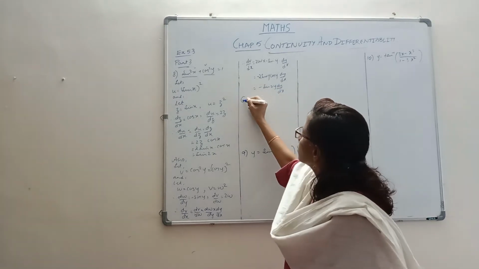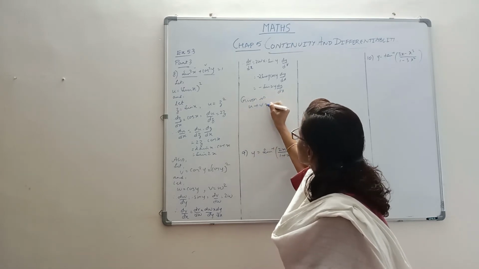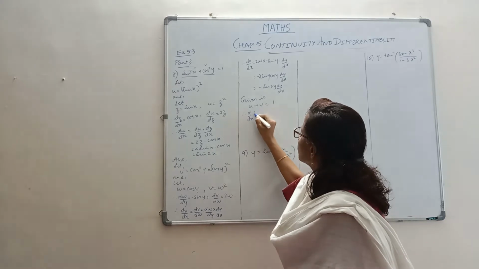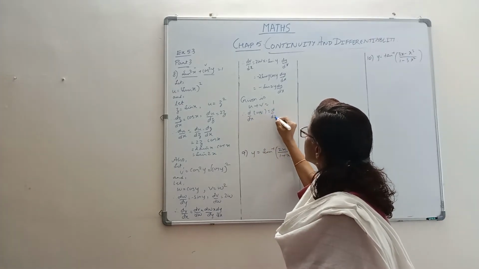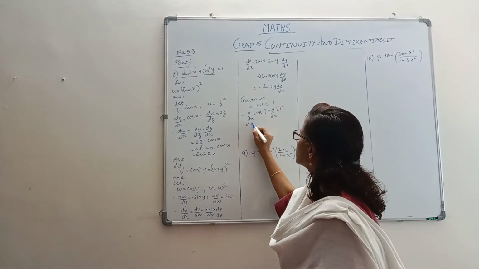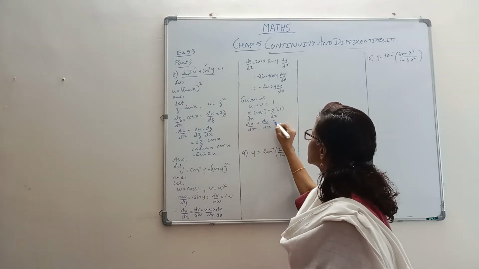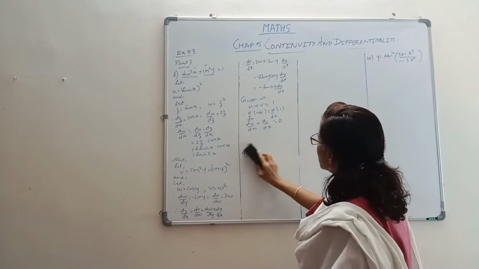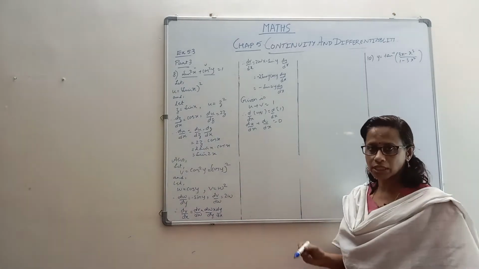Now given is u plus v equal to 1, and we are always intending on the derivative with respect to x. We are taking the derivative with respect to x on both sides. So this is becoming du by dx, this is becoming dv by dx, and this derivative is 0 because the derivative of a constant is always 0.